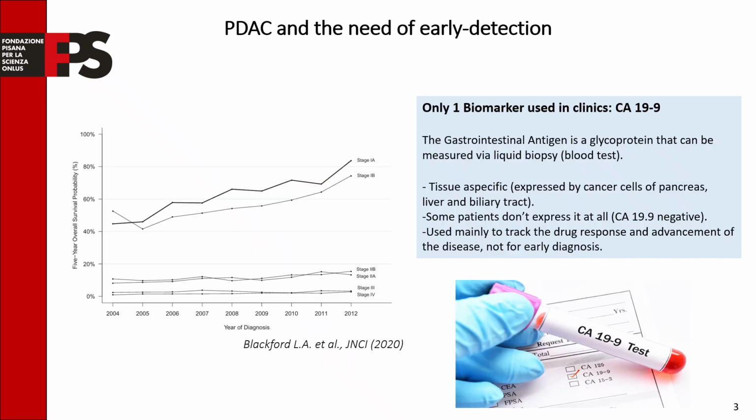To diagnose the disease in advance, we need biomarkers, but unfortunately the only one available at the moment is CA19-9, which has several issues, like the fact that this protein is not expressed in the very early stages of the disease.